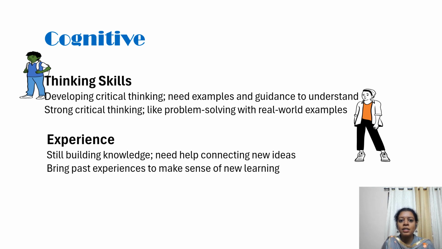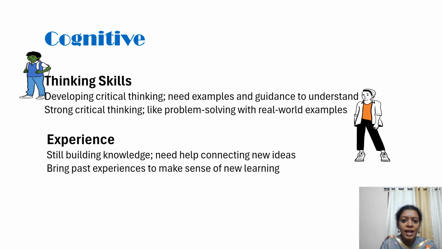Okay, so the adolescents are still developing their critical thinking skills. They need examples and guidance to help them understand complex ideas and think more deeply. Okay, but in the case of adults, they usually have strong critical thinking skills. They enjoy solving problems, especially when they can use real world examples to apply what they have learned and all.